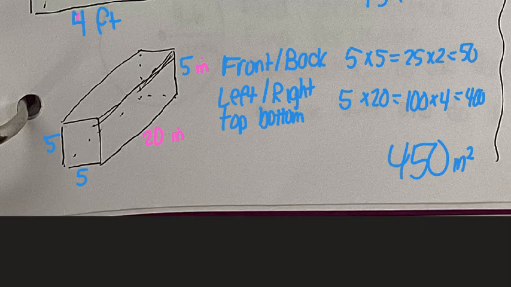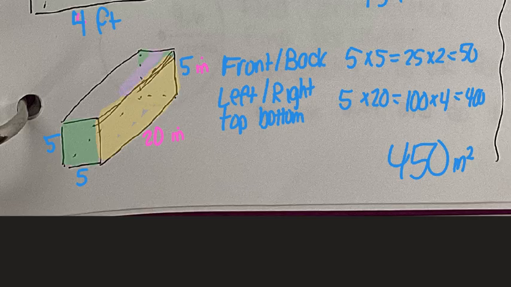All right, I ended up with 450 inches squared. Did anybody think of it like me? I thought I've got a front, this green rectangle here, and a back. So 5 times 5 is 25 doubled. But then I thought I've got this left side of butter, and it's going to match the right side of the butter.